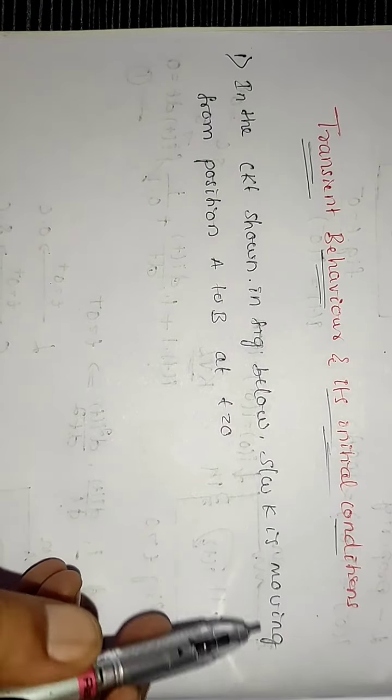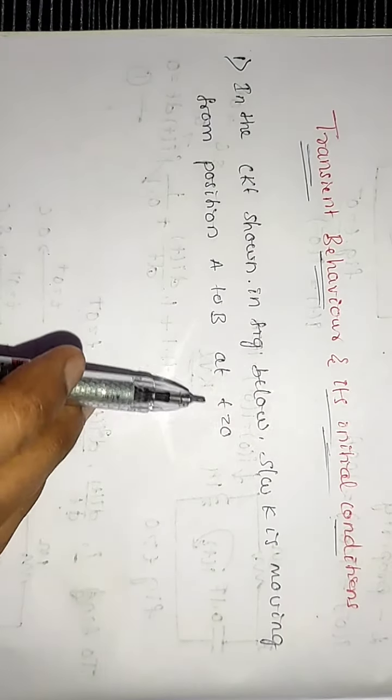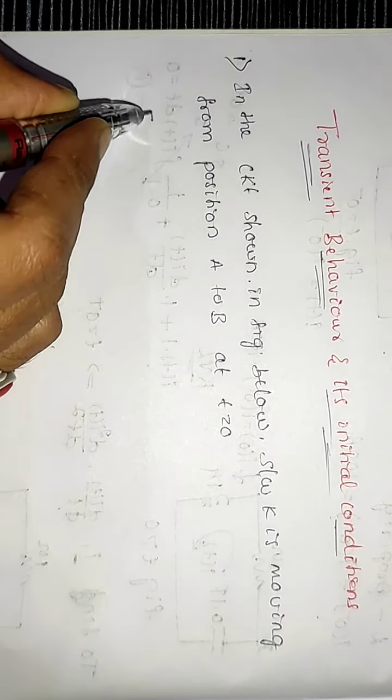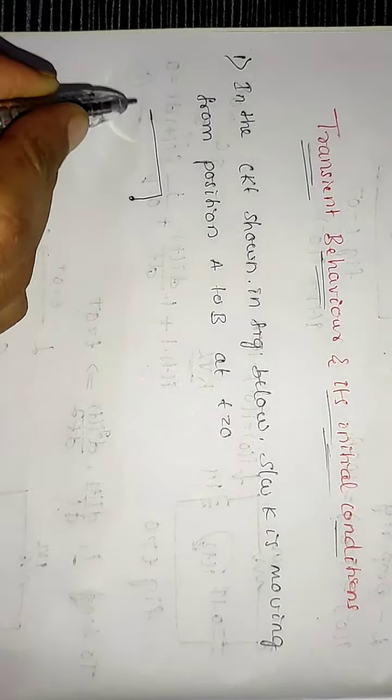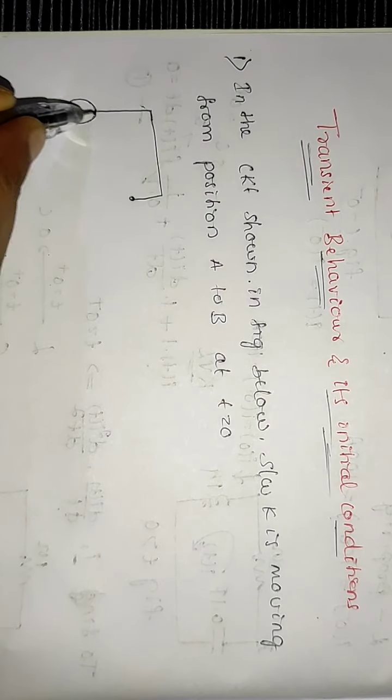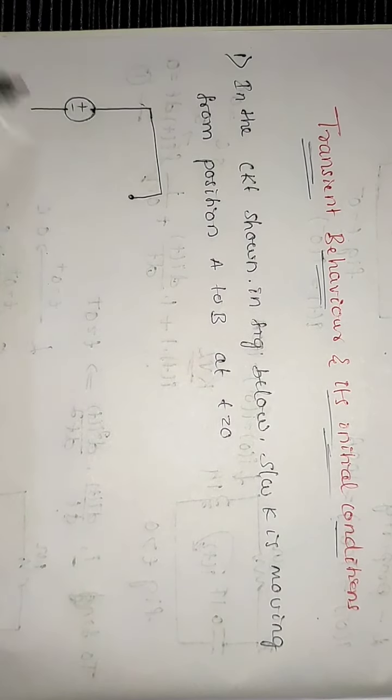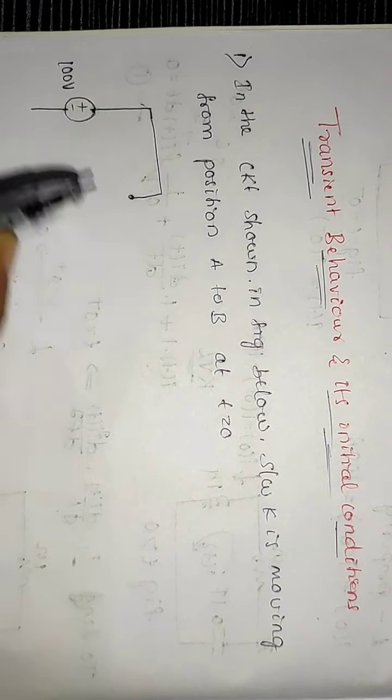the switch K is moving from position A to B at t equals 0. So I will write the diagram. Here the voltage source is 100 volt.